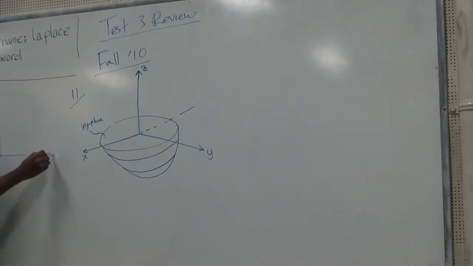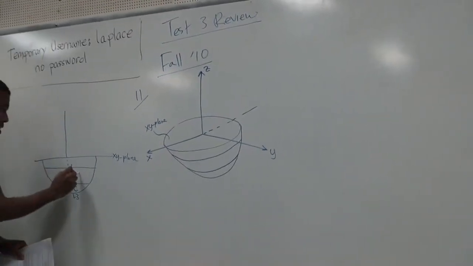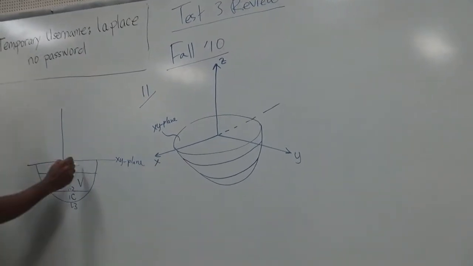So if you're looking at the XY plane here, your cup would look like this, with the top being the XY plane, and then there will be one layer on each side. So this would be where 3 is, this would be minus 3, this would be minus 2, this would be minus 1. So here's chocolate, here's vanilla, here's strawberry.